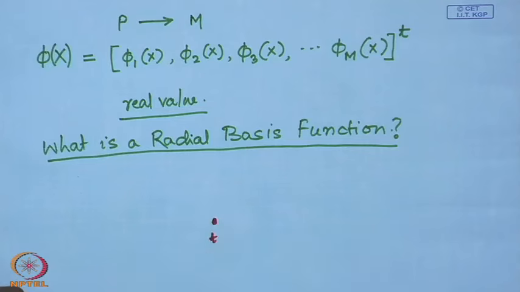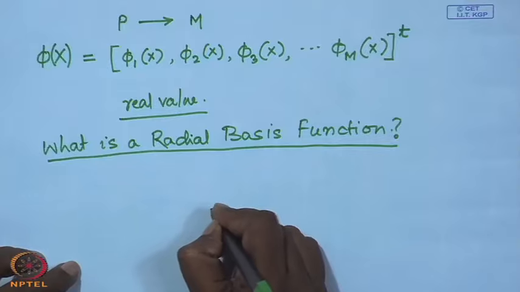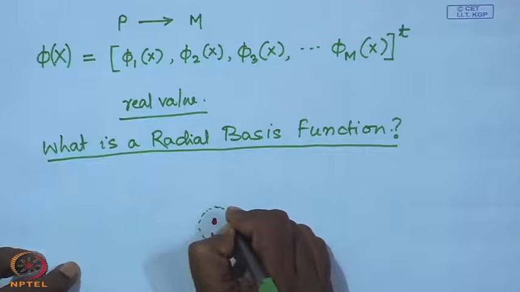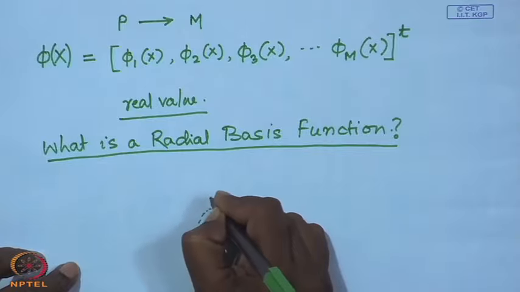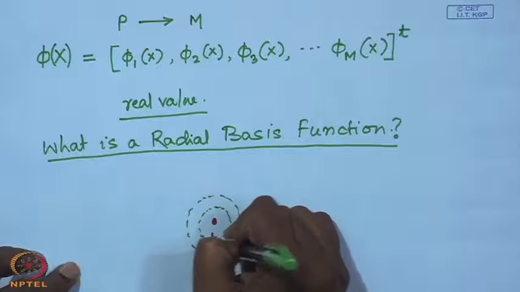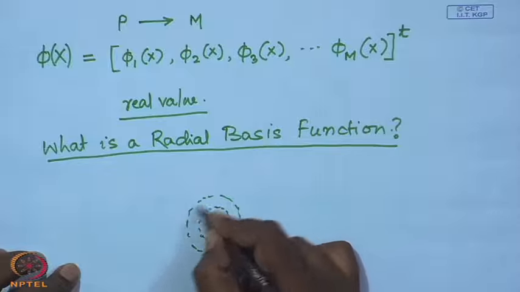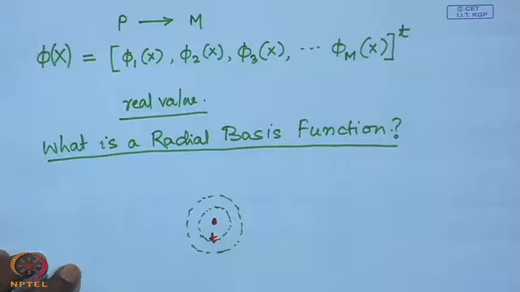So, if I put concentric circles around this receptor t, the value of the function phi on each of these concentric circles is constant. So, there are different choices of radial basis functions.